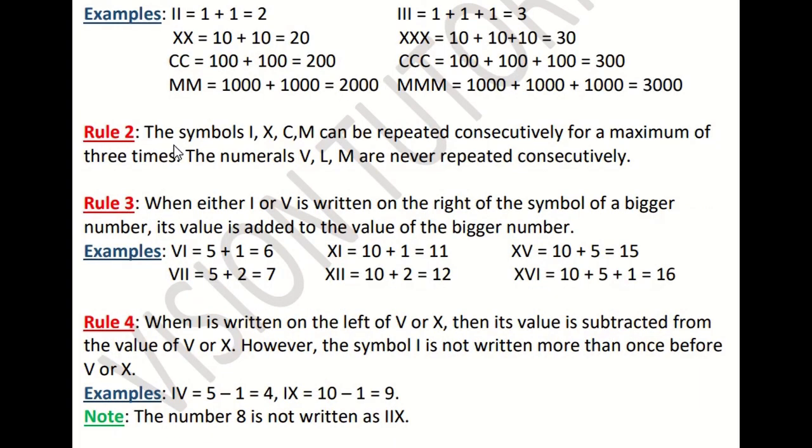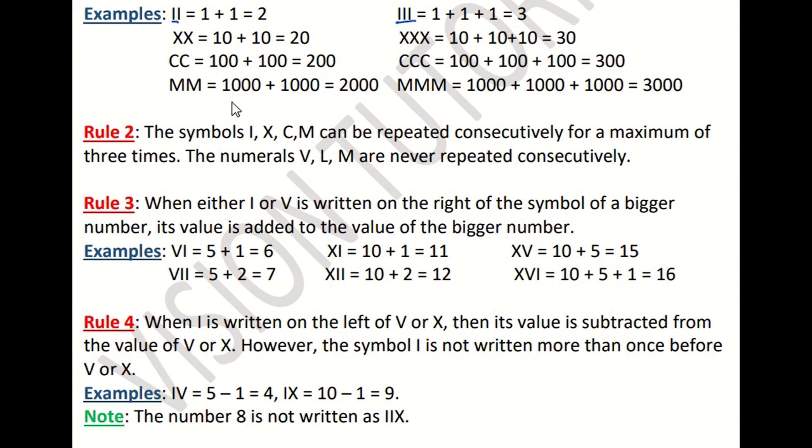The symbols I, X, C, M can be repeated consecutively for a maximum of 3 times. Numerals V, L, D are never repeated consecutively. Consecutively means one after the other. Can you see the above example? Okay, we can write I after I. They can be repeated consecutively 2 times, 3 times.